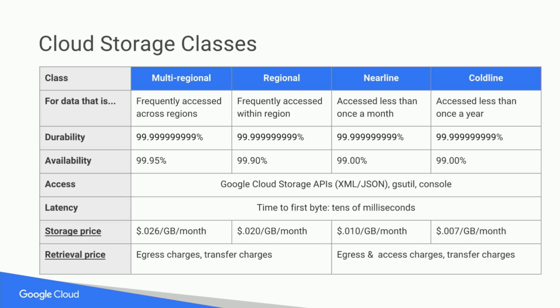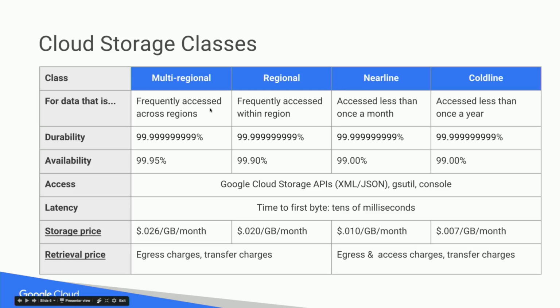You don't pay a performance penalty. You still have access times in tens of milliseconds, and you still have high throughput, but they have to go through more contortions to serve the data at that speed. Therefore, while it costs less to store, it actually costs more to access. So it's really good if you access this data infrequently.